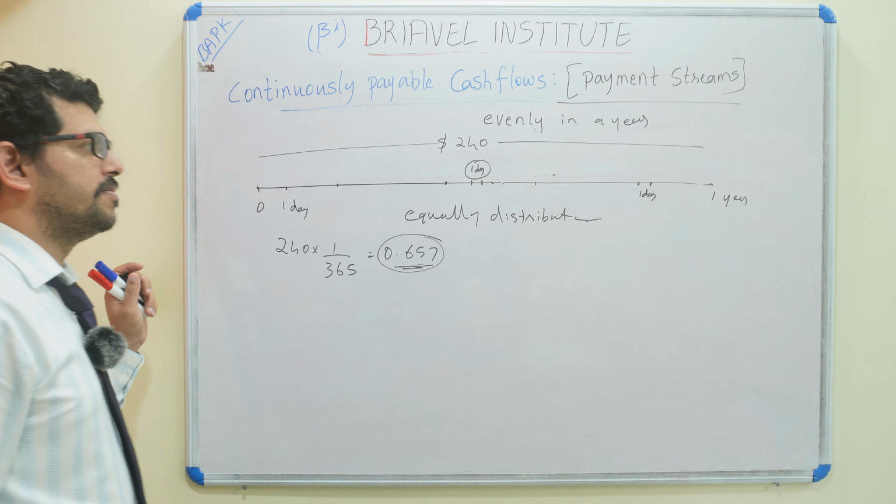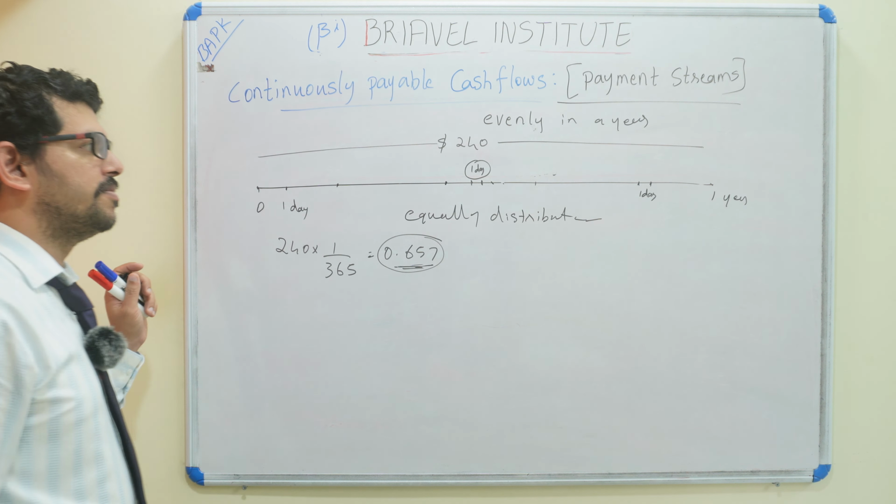So how are we getting this amount on a particular date? We call 240 the rate of payment. The rate of payment in a year is 240. This 240 we multiply by a small time interval dt. We represent the rate of payment by rho t.